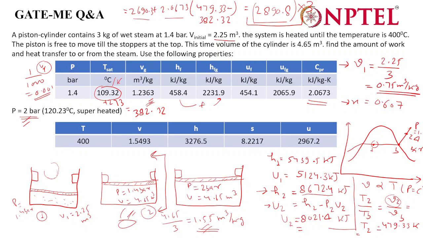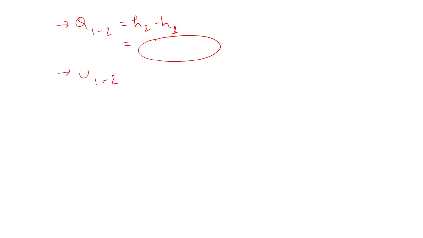So heat given from 1 to 2 is H2 minus H1, correct? Yes, sir. So some value would be here. So how much is it? And we know the change in internal energy from 1 to 2. How much is it?